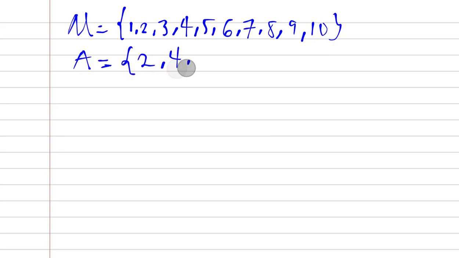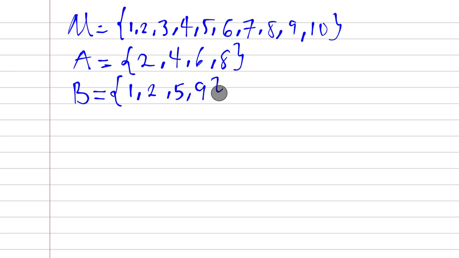And then set B is equal to 1, 2, 5, 9. And set C is equal to 2, 3, 9, 10.